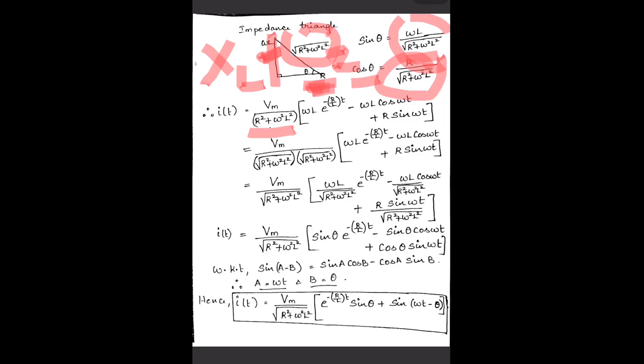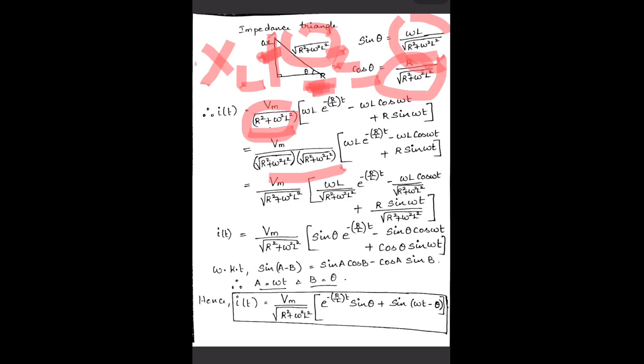This term can be written as root of r squared plus omega squared L squared into root of r squared plus omega squared L squared. So it's like 5 into 5, which is equal to 25. So root of 25 is root of 5 into 5. So that's how we'll be writing this term of r squared plus omega squared L squared.